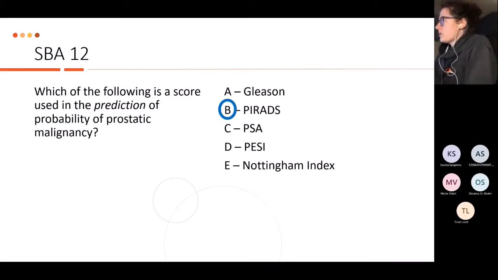And this one, let me open the poll. Possibly a bit harder, this one. If you're not sure, you can guess.